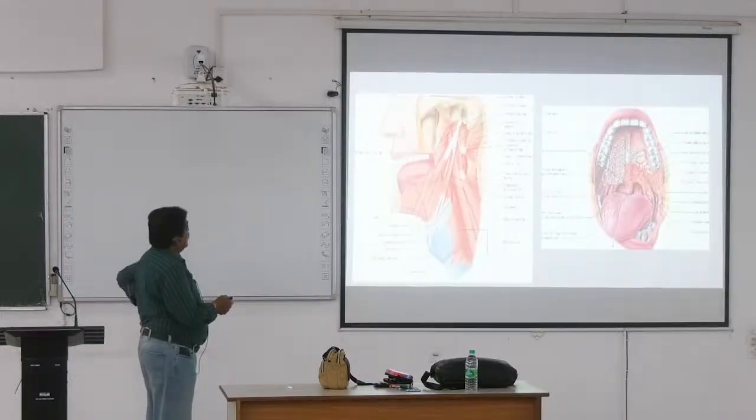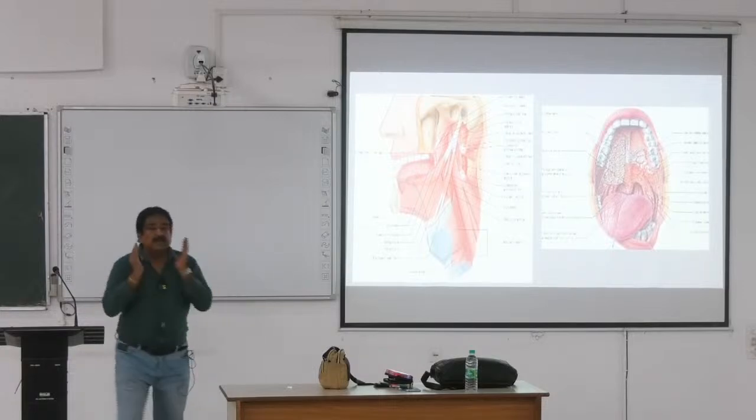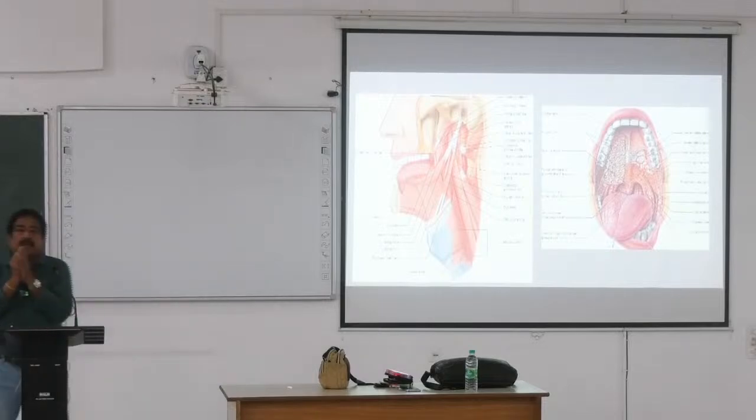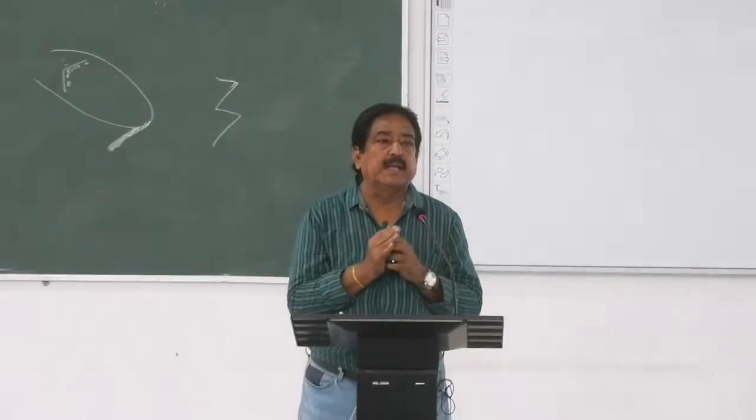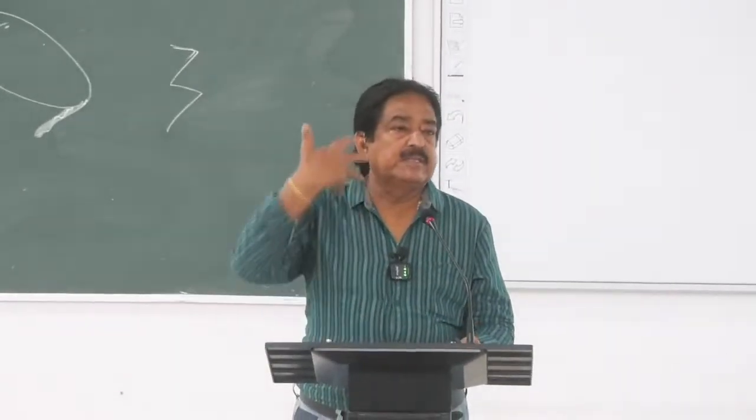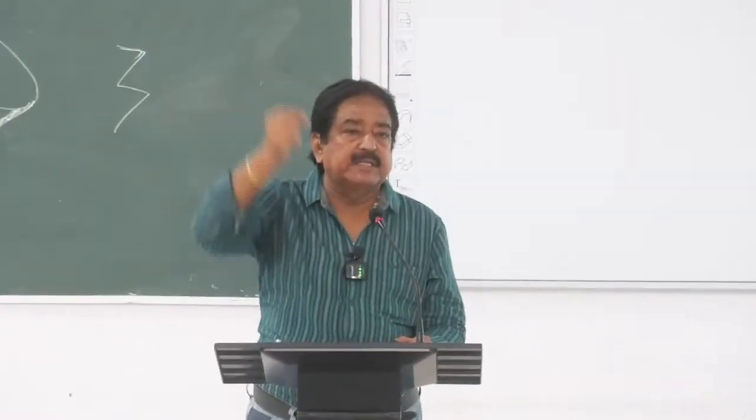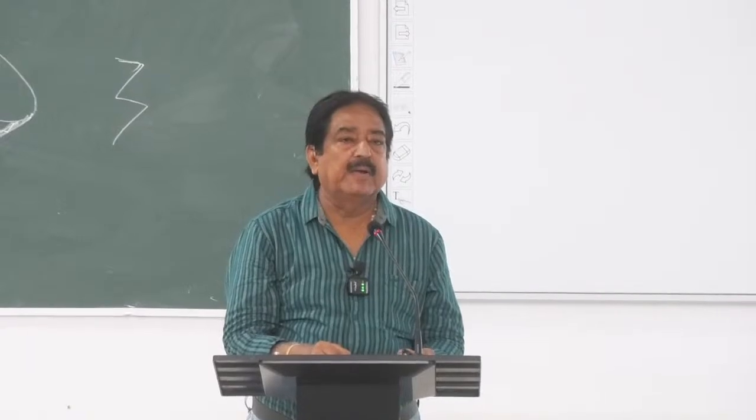See, this is the styloid process, and this is the hyoid bone. So, the total anatomy of the head and neck, you can see the styloid process to the hyoid.